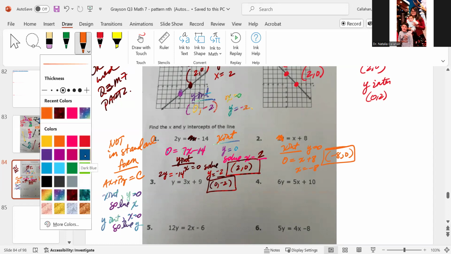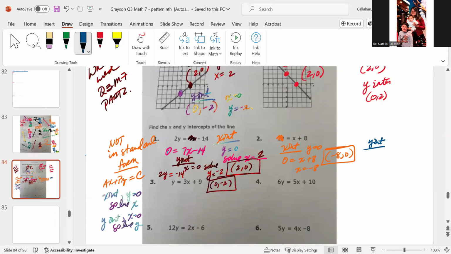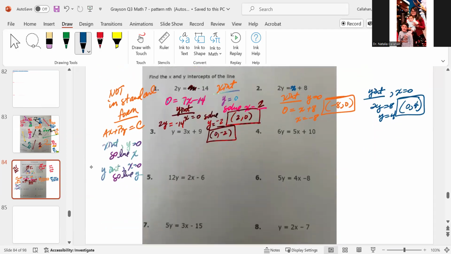Okay, and then comma. Y-intercept, remember your x is equal to 0. So you go back over and cross that out. Yep. So then y equals 4, which is going to be 0, 4, and that's your y-intercept.